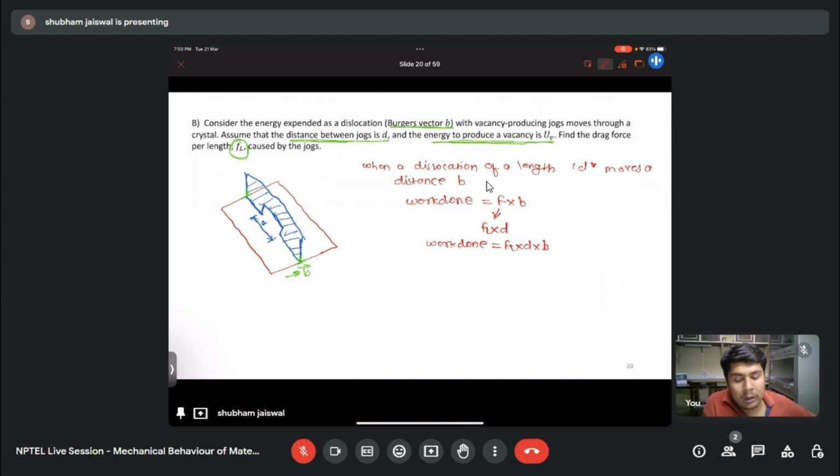Now if we apply the energy balance, that is the work done is equal to the energy required to produce a vacancy uv, then we can simply equate these two equations and we'll get our final answer.